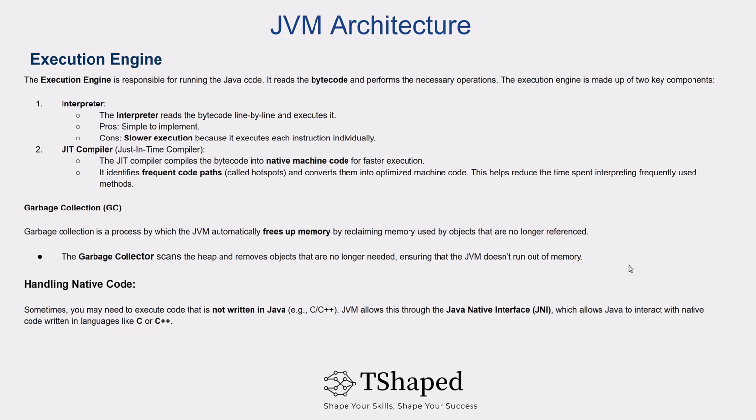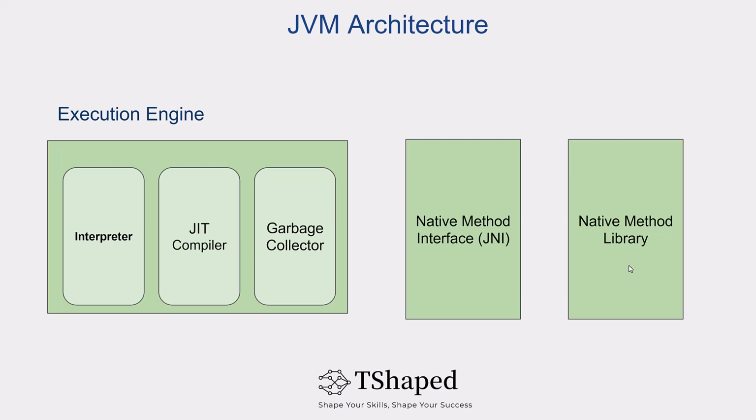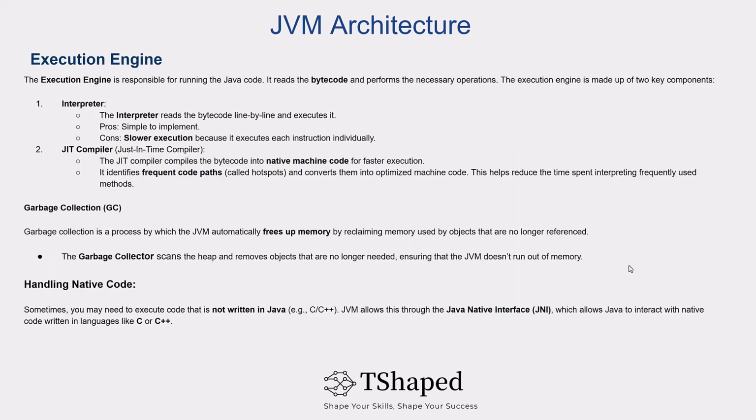And we have JNI, the extra component which you have seen here: the native method interface and native method library. Whenever we use code in our Java which is not coded in our Java application, but comes from C or C++ backgrounds, Java's interpreter or just-in-time compiler cannot be used to execute it.